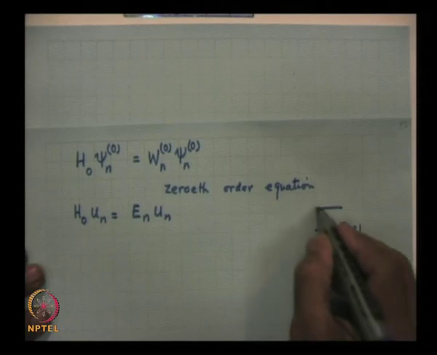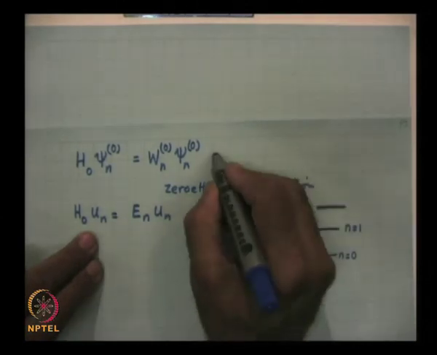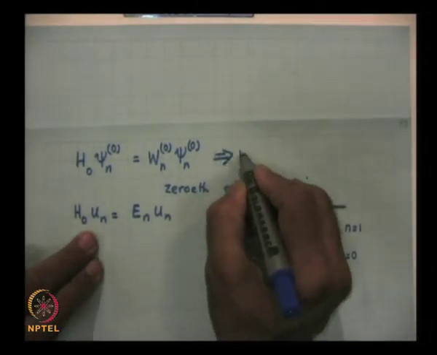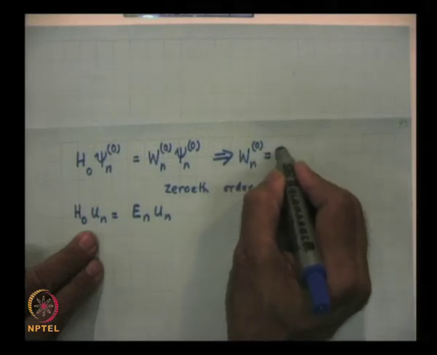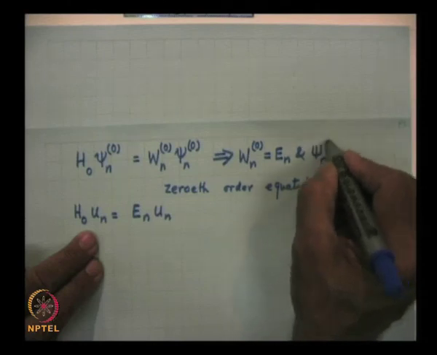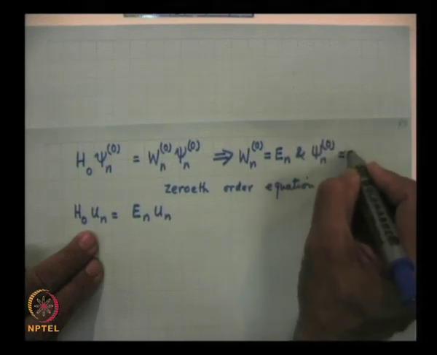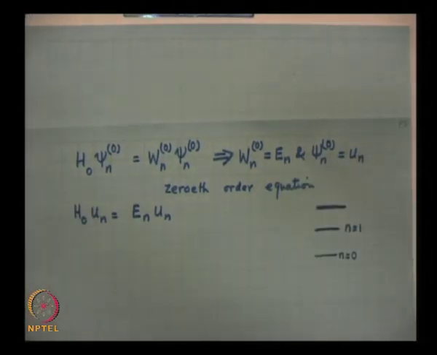Each state is a non-degenerate state. Then I can write this down immediately: W n 0 is equal to E n and psi n 0 is equal to u n. This is the 0th order solution, which is obvious because there is no electric field or magnetic field, there is no perturbation.